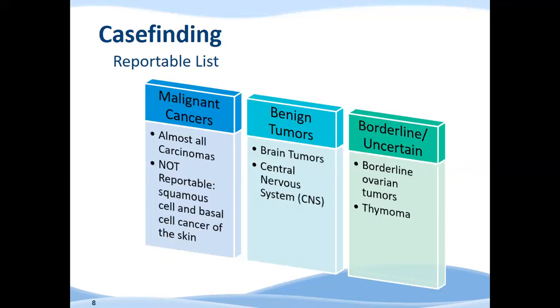Those are two examples of borderline or uncertain tumors that are not reportable, but some states may require them to be reported. A hospital cancer committee may also decide to accession or collect cases that are borderline or have uncertain behaviors into their registry. These cases are referred to as reportable by agreement.